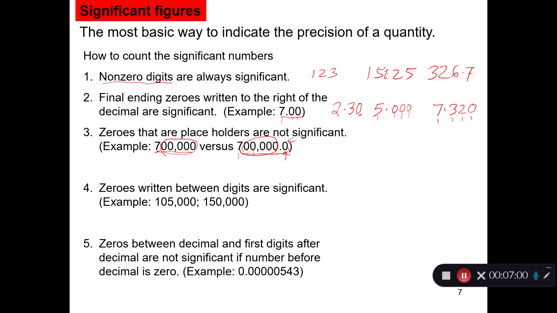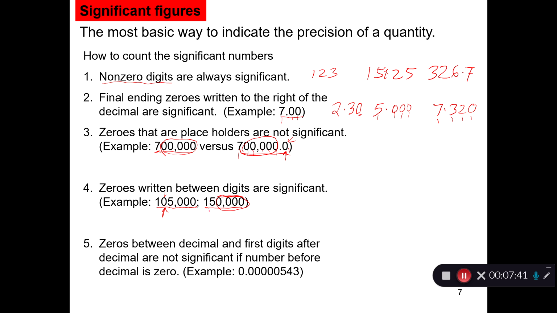Now the next rule is that zeros written between digits are significant. Look here, 105.000. This 0 is in between two significant figures, so this 0 is significant. So this number has at least 1, 2, 3 significant figures. And in this one, look here, these 4 zeros are not inside two significant figures, so they are not significant, or might be significant depending on whether you write scientific notation.